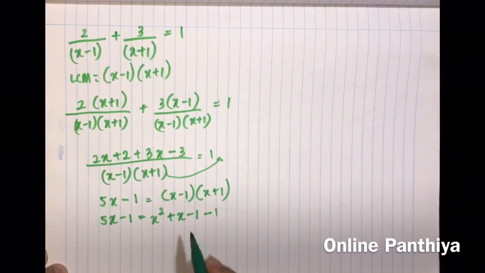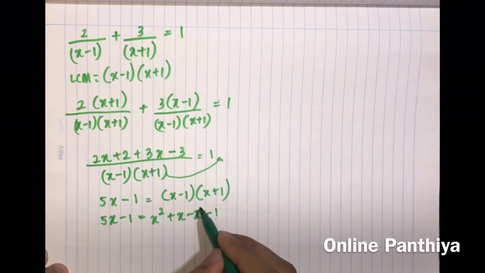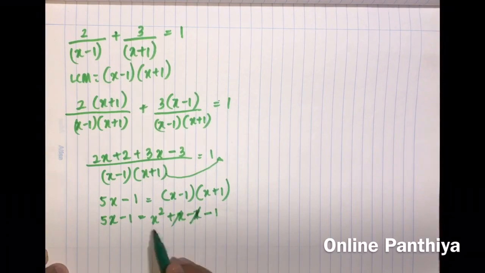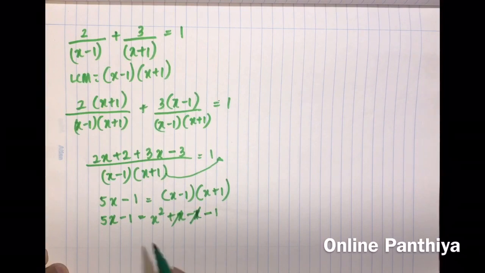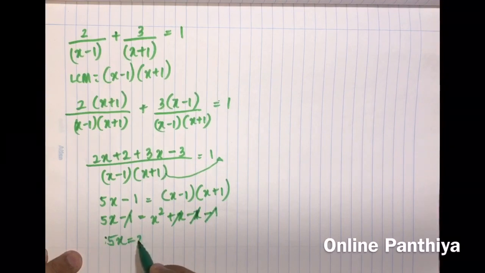So x squared, x and minus x should get cancelled off. You have studied the way of simplifying, so this will cancel off. This is a difference of two squares, no? Therefore this minus 1 will cancel off, so you finally have 5x equals x squared.